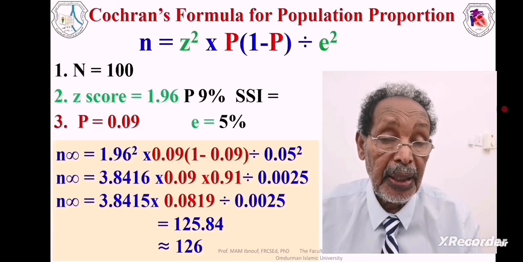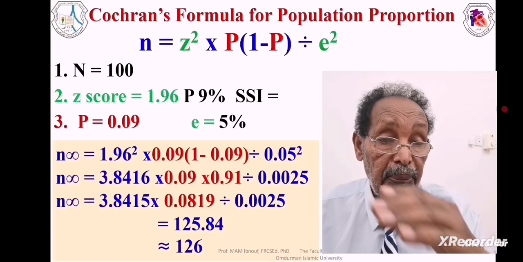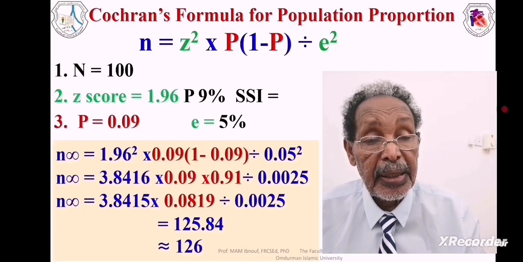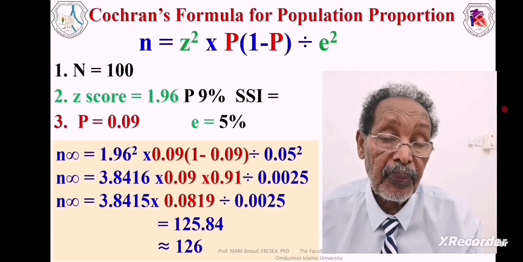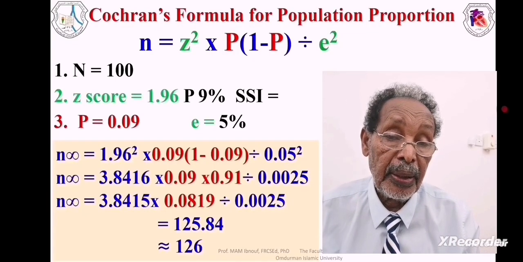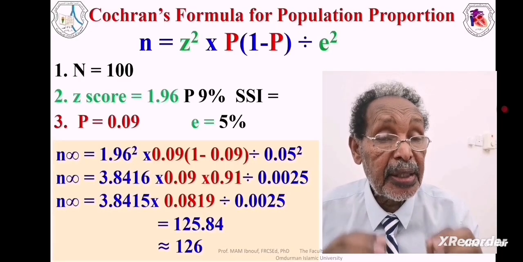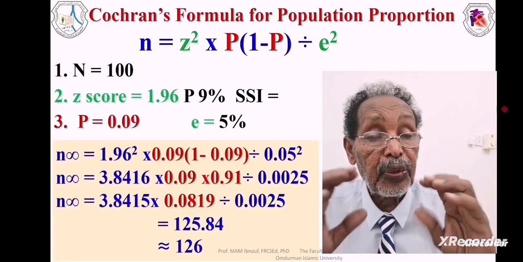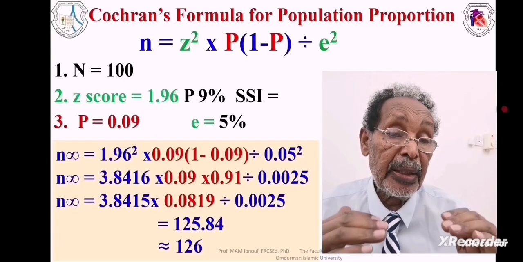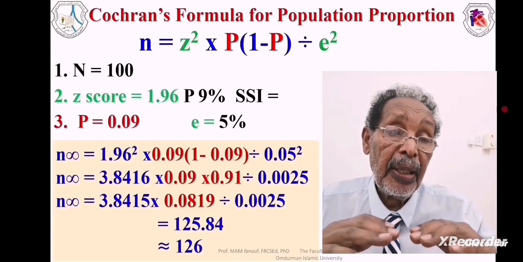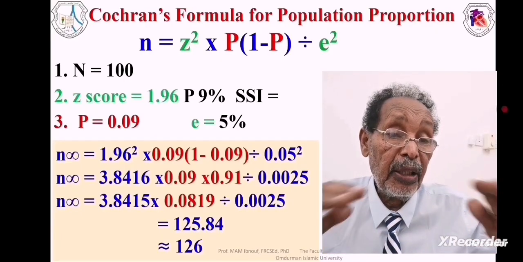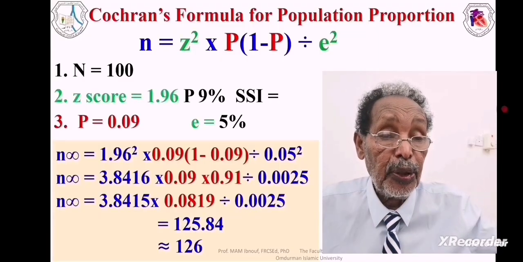Look at the sign here, it is not two parallel lines, a little bit wavy lines. It is approximately 126 patients. This is a sample according to the formula which is meant for an infinite population, very huge population.